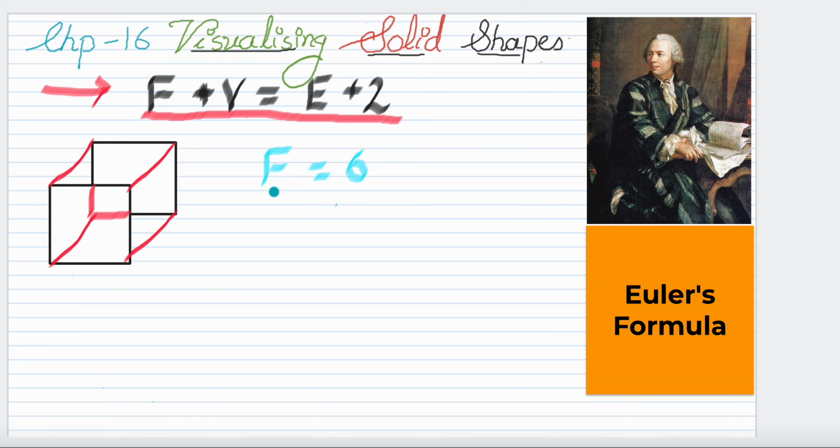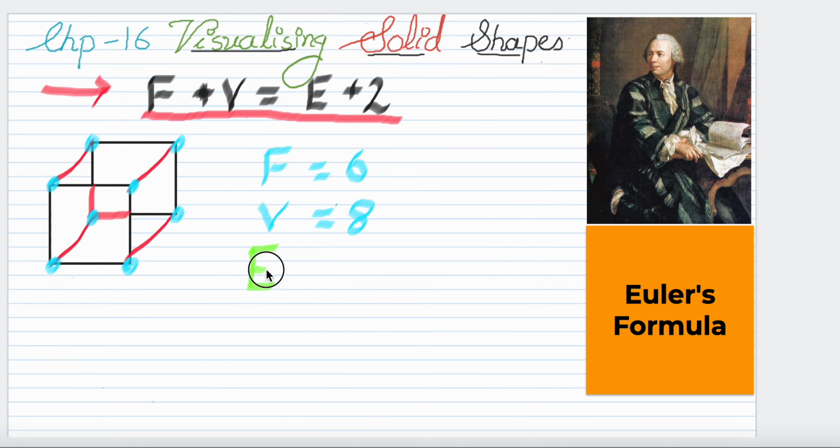Correct? Now vertices, V is equal to, see, 1, 2, 3, 4, 5, 6, 7 and 8. So we are having 8 vertices. Now the next one is edges.